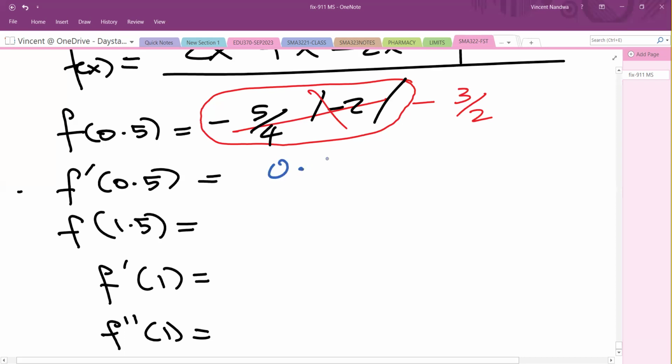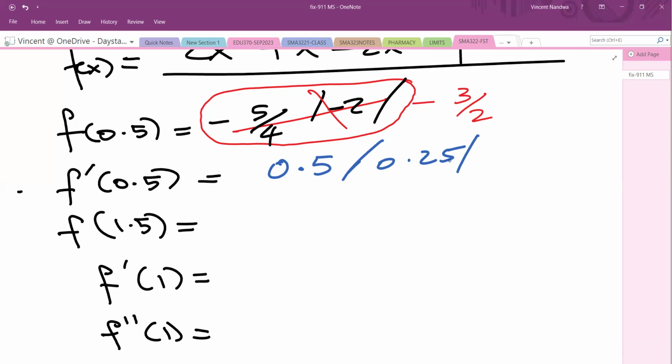Confirm, everyone to confirm whether the 0.25. Any other different answer? So there's another 0.5. So probably maybe those ones, I don't know the answer. Confirm. And then f at 1.5.